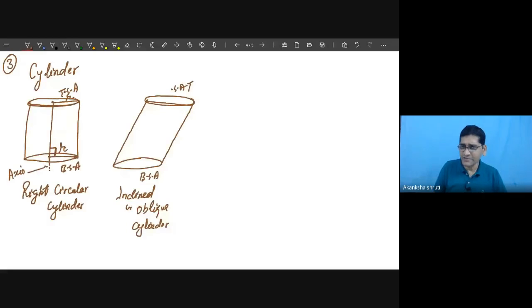So this axis of the cylinder is perpendicular to their base, or perpendicular to their circular area. So it is this one. But in this case, if you are taking this as the radius and drawing the axis, this is not equal to 90 degrees. So this is the thing. In our syllabus, we have to learn about the first one only. So we will not talk about the second one. Getting, student?